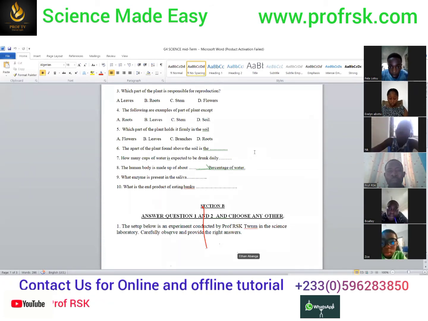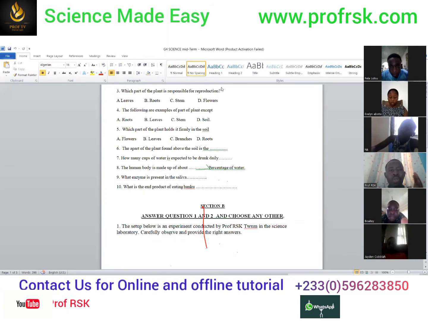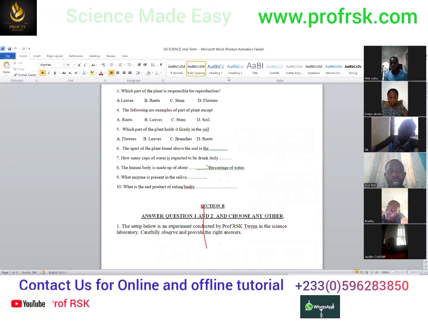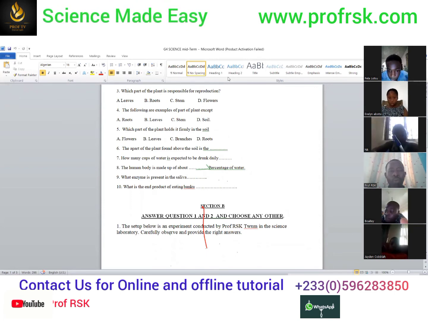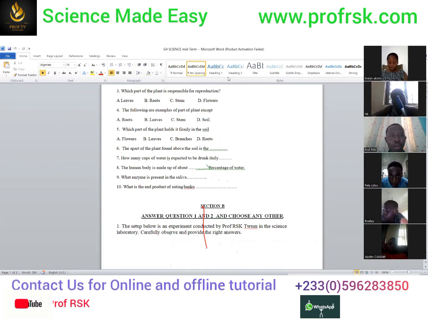Salivary amylase helps to break down carbohydrates into the simplest form. So digestion of carbohydrates begins in the mouth with the help of an enzyme called salivary amylase.